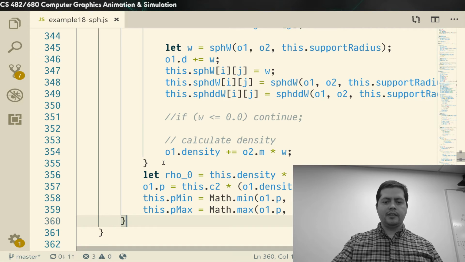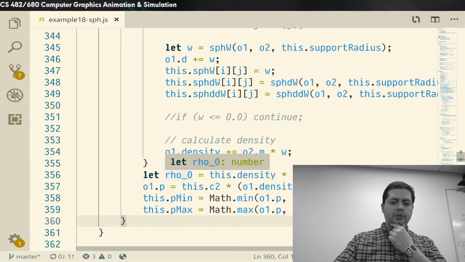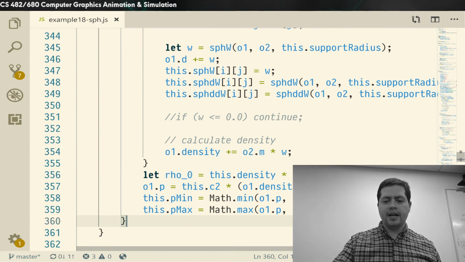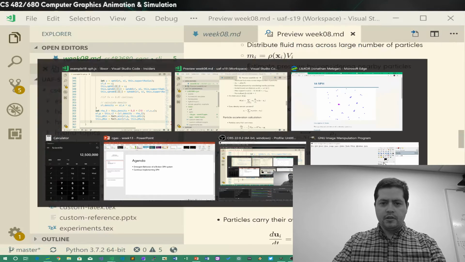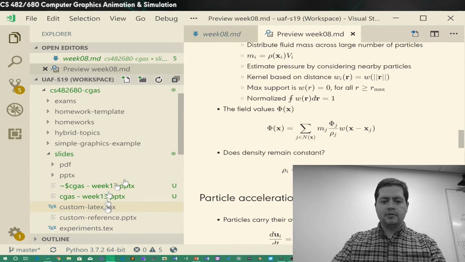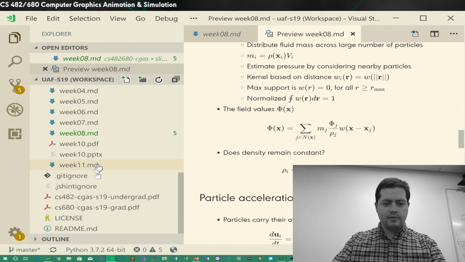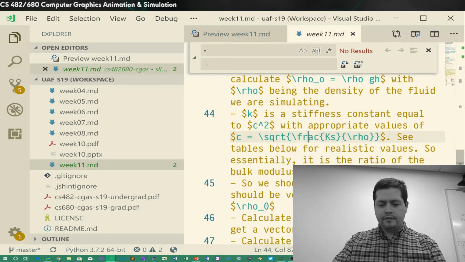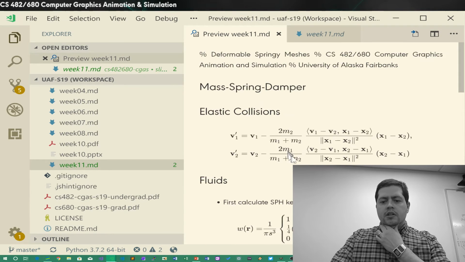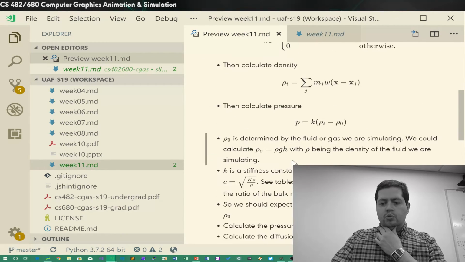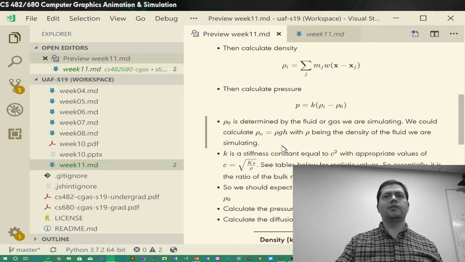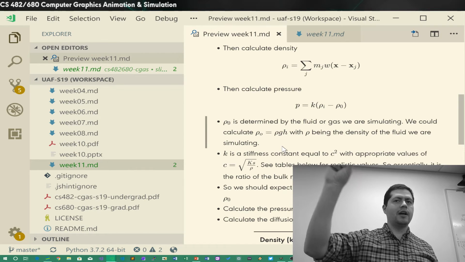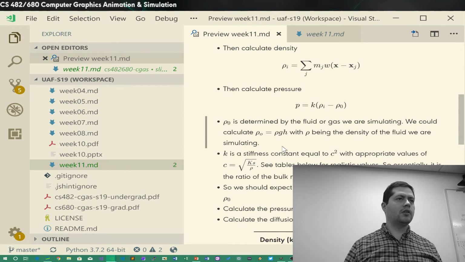Okay, so then we want to calculate rho naught. Rho naught is from, I think, week 11. Let me open up week 11 again. Rho naught, we could calculate the overall density by saying what's the density of the material times gravity times height, and that could give us the pressure for that particle at that point.